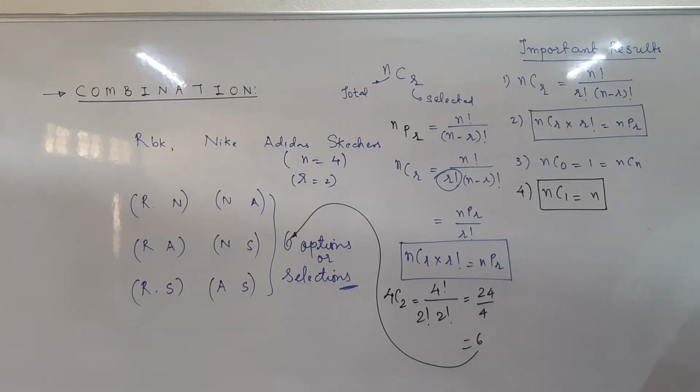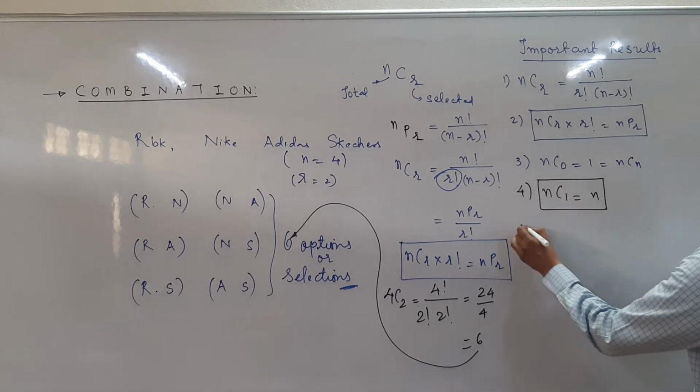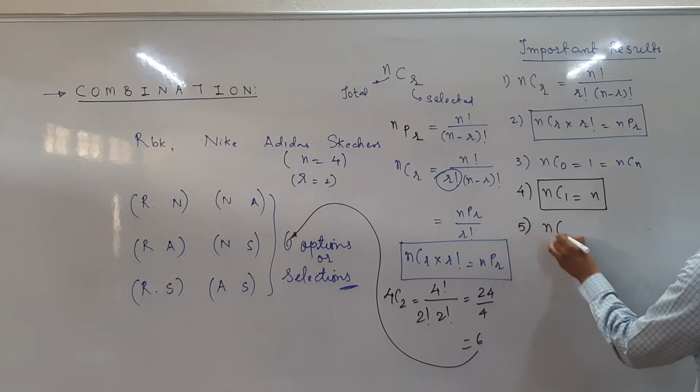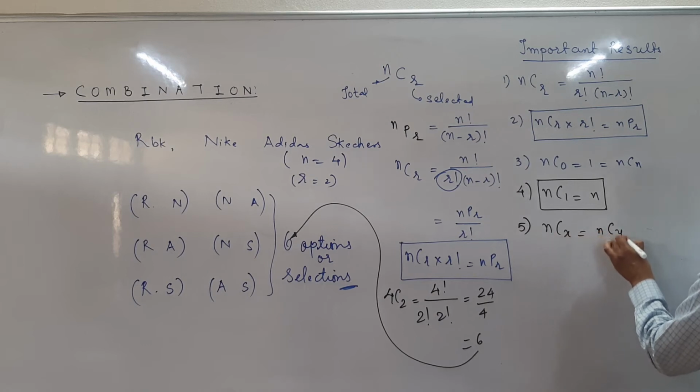Given n distinct things out of which you have to select only one thing, then one thing out of n things can be selected in NC1, that is n ways. Then students, the most important property of combination, NCX is equal to NCY.